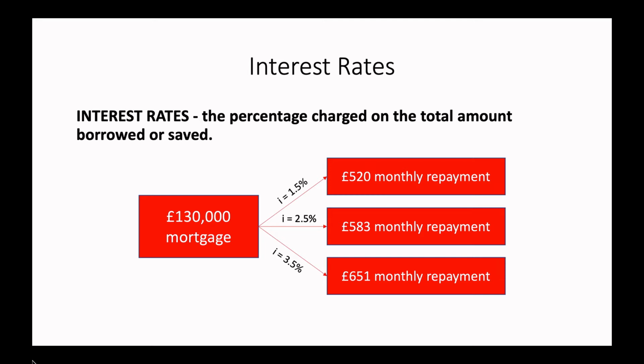When interest rates go down by 1% to 1.5%, then your monthly repayments go down to £520. However, if interest rates go up by 1% to 3.5%, then your monthly repayments skyrocket to £651. From this, we can see that even small changes in the interest rate can have quite significant effects on consumer spending and business investment.